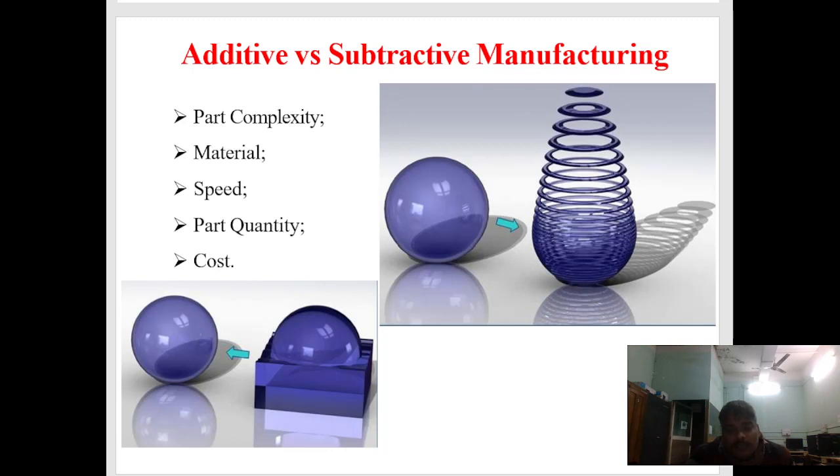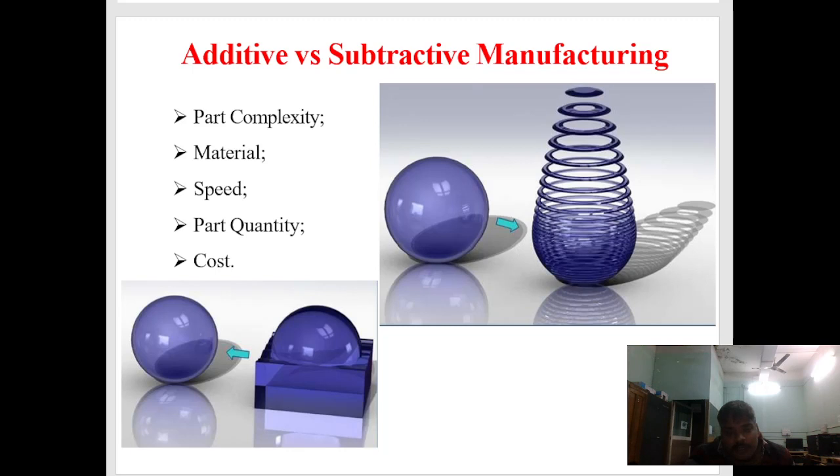Speed, the manufacturing speed: in how little time can you produce the component. In subtractive manufacturing you have to make the fixture, you have to arrange the tool and fix the workpiece. Suppose you are working on a CNC lathe or conventional lathe, so there are lots of issues there.